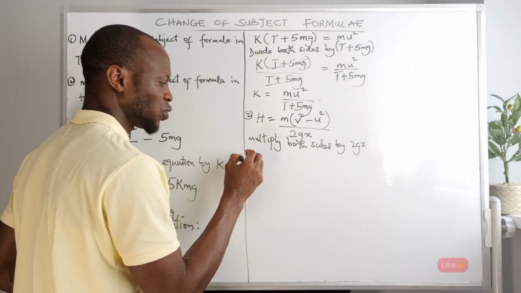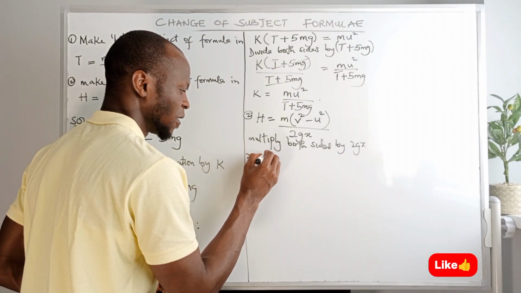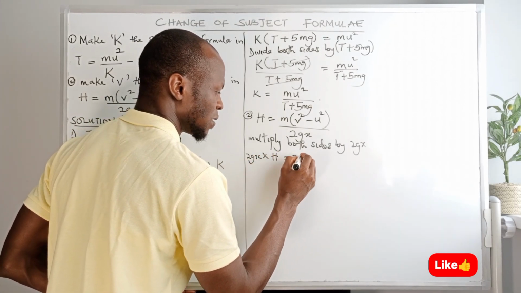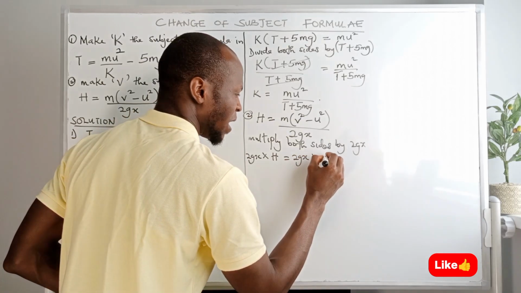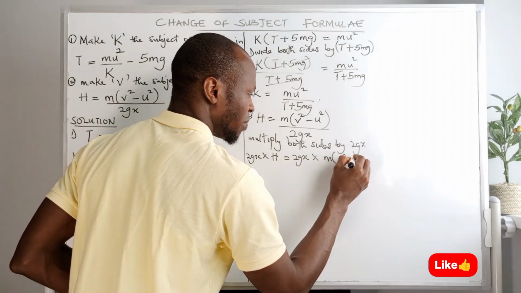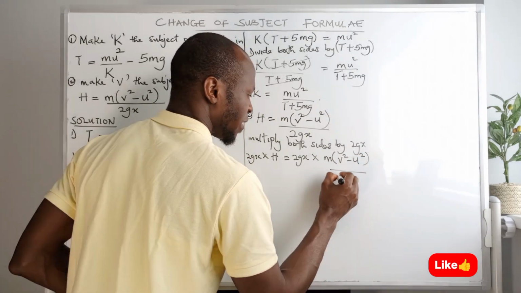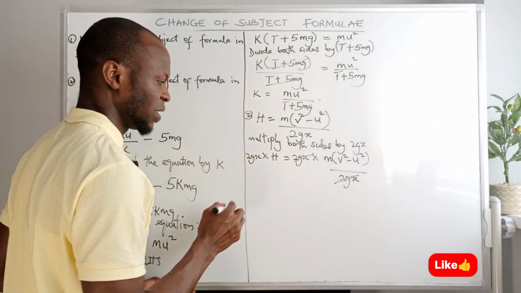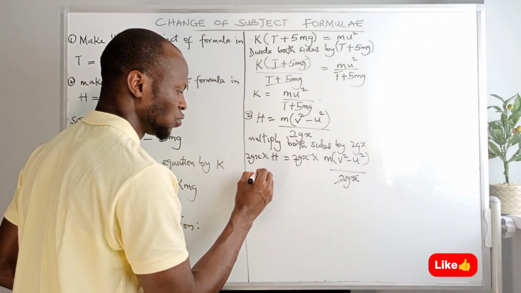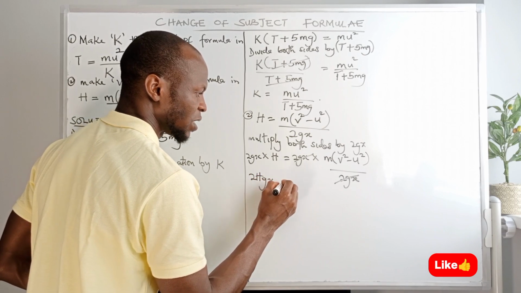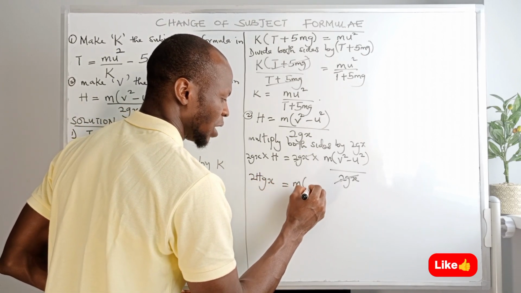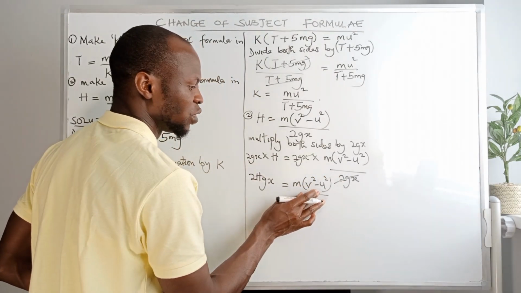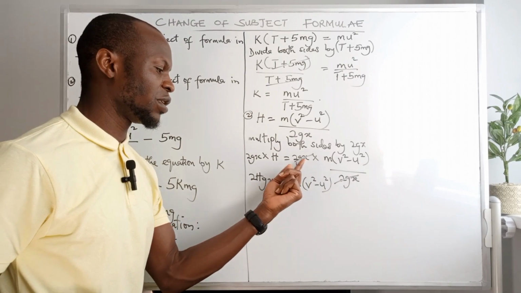If I multiply both sides by 2gx, I have 2gx multiplied by h equals 2gx multiplied by m into bracket phi squared minus u squared all over 2gx. Automatically, this 2gx will cancel this 2gx. So if I multiply this, I have 2hgx equals m into bracket phi squared minus u squared. There's no division again because the division has been removed.